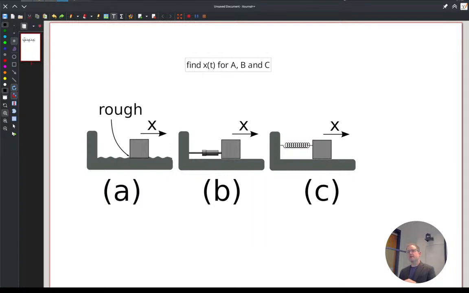Where did we start for the first few problems? What's the main tool so far? Free body diagram.